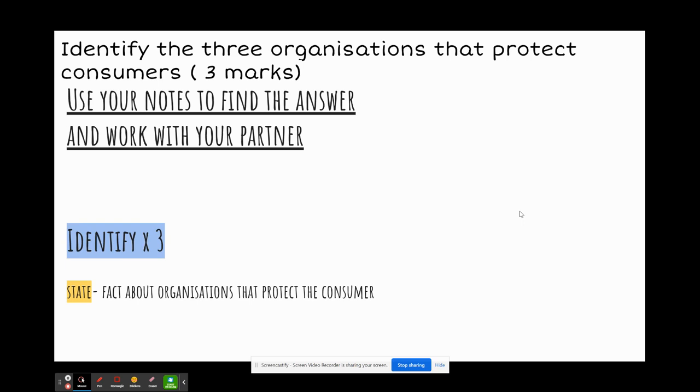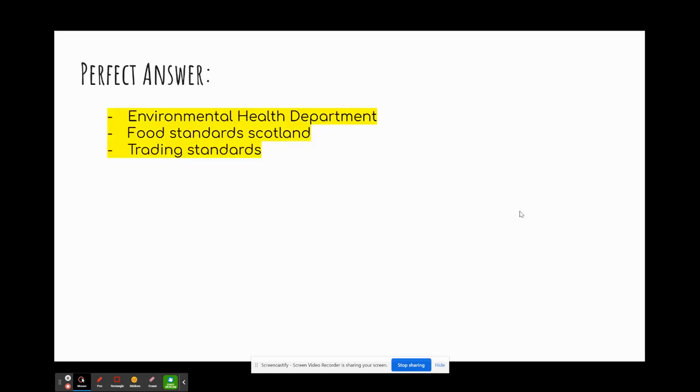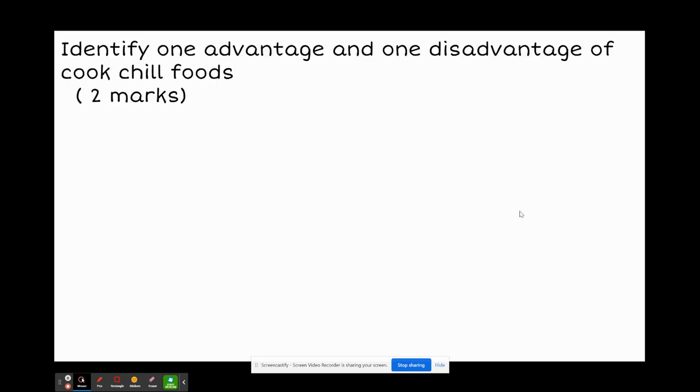The second thing is the mark allocation, so we need 3 answers. And the third thing is who we are referring back to. In this case, we don't need to refer back because we are simply stating the answer. Our answer would be Environmental Health Department, Food Standards Scotland, and Trading Standards.